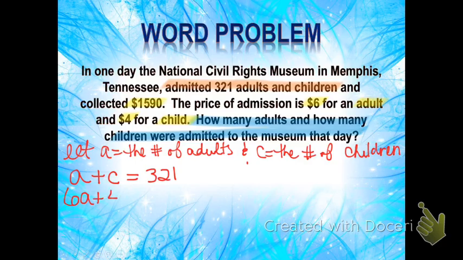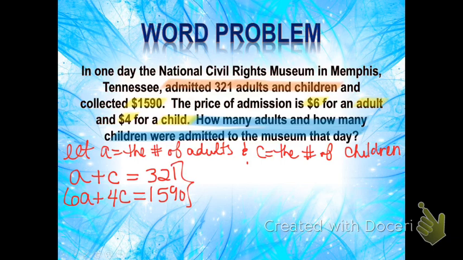And then $4 times the number of children's tickets sold would give me the total amount of money raised by selling children's tickets for the museum. And if I added the amount of money for the adults and the amount of money for the children, that would give me the overall amount that they collected for the day, which was the $1,590. So this is my system.